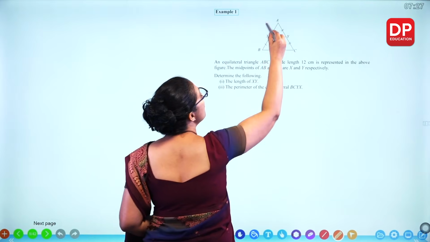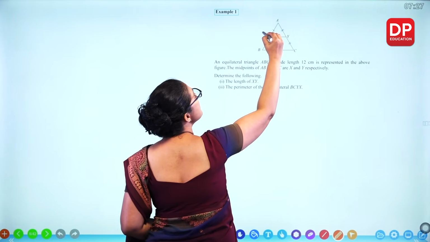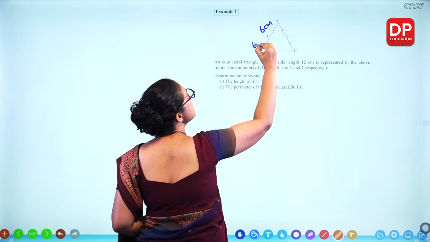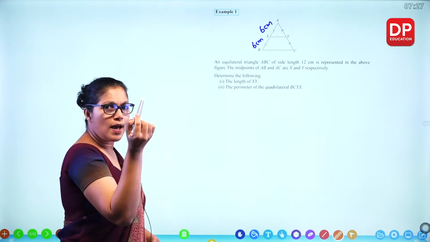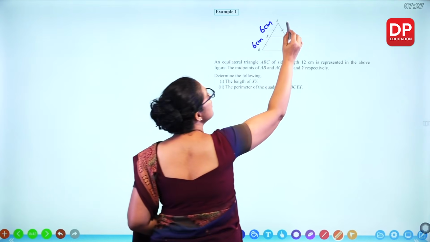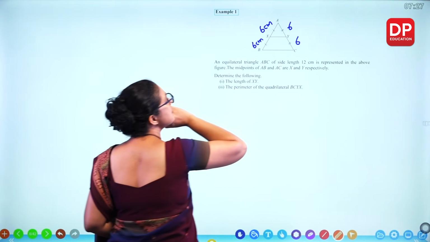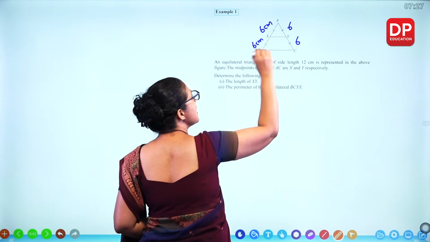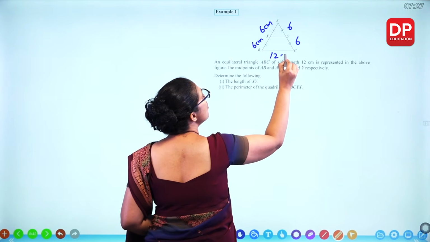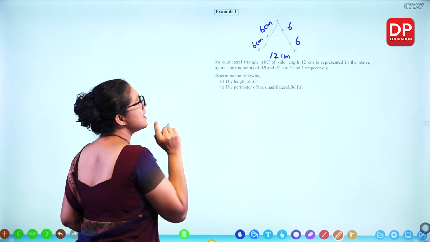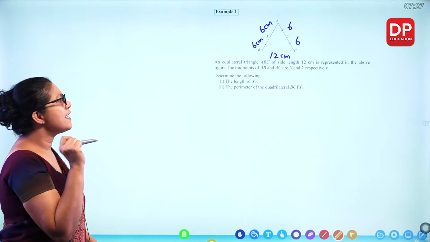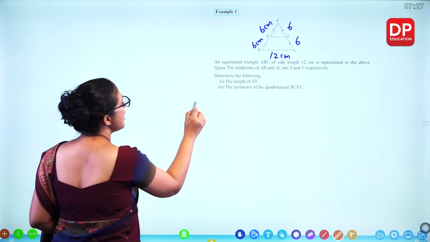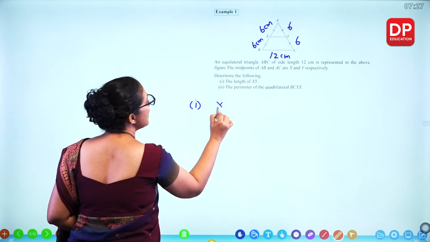Now we know this is midpoint. So what is this length? 6, and this is 6. Here also the length is 12. Equilateral triangle. So this is 6, this is 6. So what about BC? BC is also 12 centimeters. According to the first theorem, midpoint theorem, what can you say about XY?